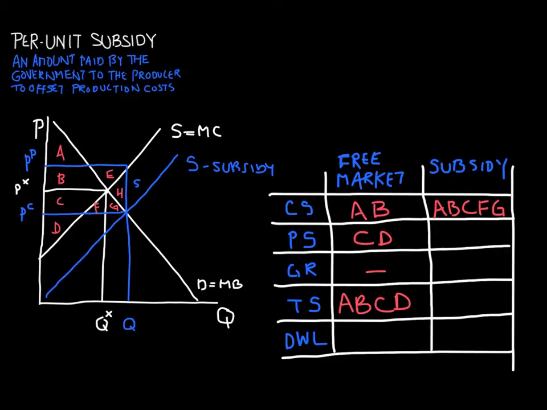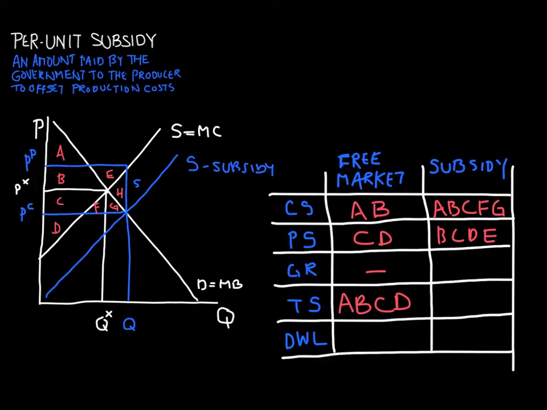So we have to use the new price and old supply curve, and we see then that suppliers will receive B, C, D, and E. The government's going to have to pay out things.